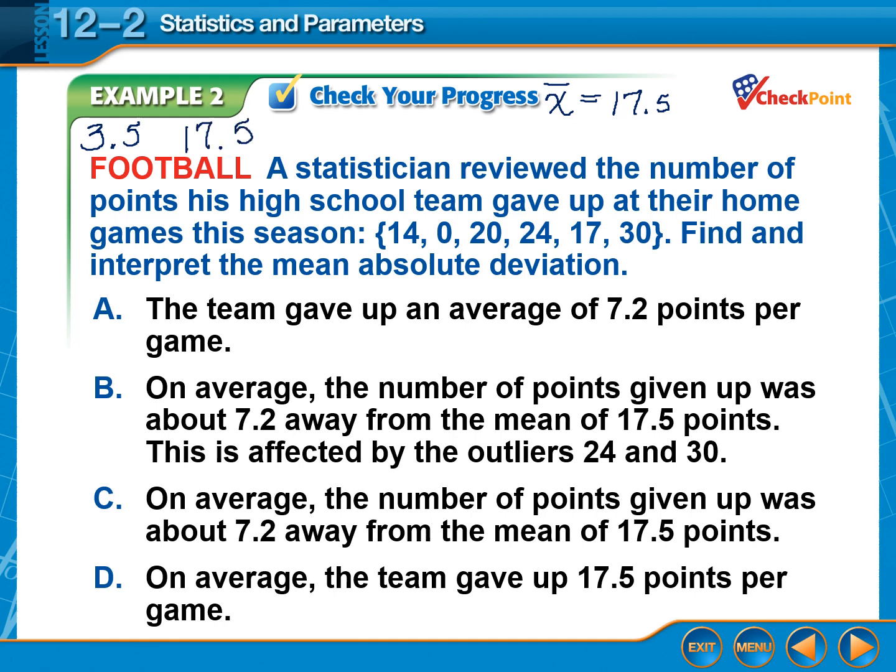Okay. And then 17.5 minus 20. Well, that's a negative 2.5, but the absolute value would give me a positive 2.5, right? All right. And then 17.5 minus 24 is a negative 6.5. And the absolute value of that would just be a positive 6.5. So I'm going to write that here.